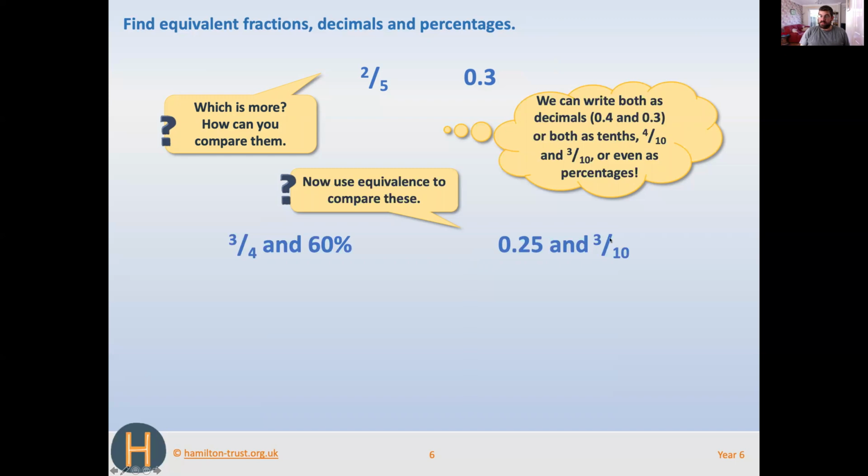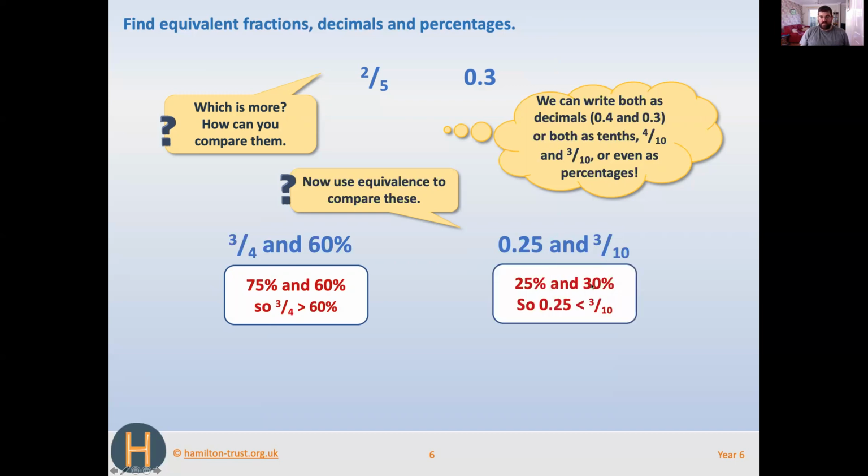Perhaps this would be good to convert into a decimal. 0.3, is it bigger? It is. So you should see that this one, 3/4, 75%, is bigger than 60%. This one, 3/10, 30%, is bigger than 0.25, 25%. So you can convert them into anything you like, but to compare them, you're probably going to need to.